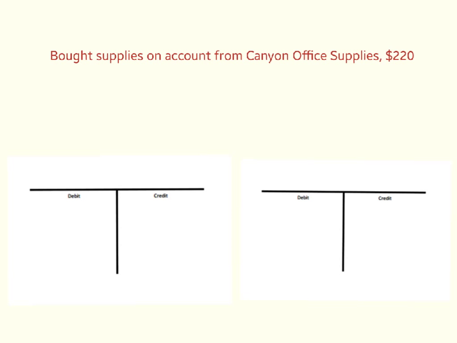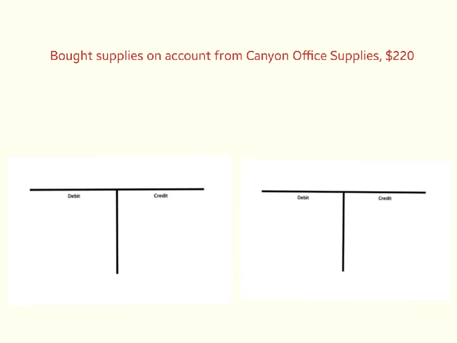We always have to put Canyon so we know who we owe. Okay, so we bought supplies. What did we get in the business? Supplies. Right. They came in. So, we got $220 worth of supplies. It would be a debit because the asset, left side, increases. Debit. Now, accounts payable. Credit. Very good.